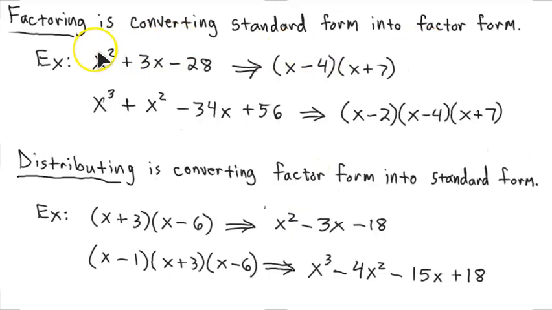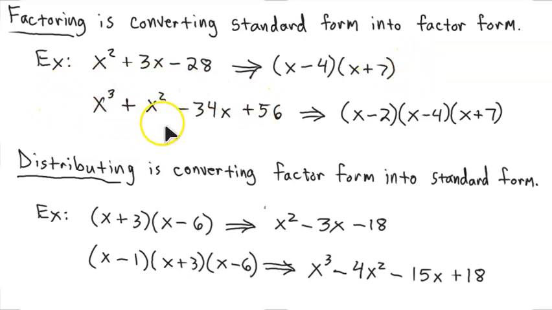All right, so here's a couple words we'll use sometimes. When converting between standard form and factored form, if we're going from standard form into factored form, we call it factoring. So when we go from a standard form quadratic into a factored form quadratic, we call that factoring.